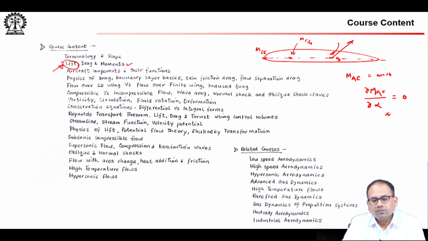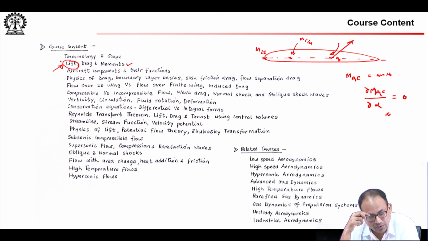So, when we do lift, we have to go in quite a bit of depth. We will learn what potential flow is, how you can superpose different potential flows to get a complex flow field, then how lift can be explained by the circulation theory, starting vortex, bound vortex.